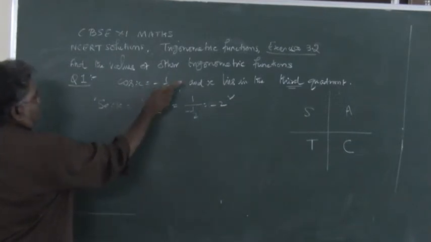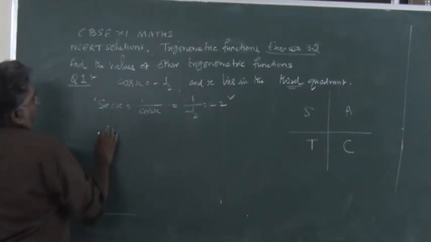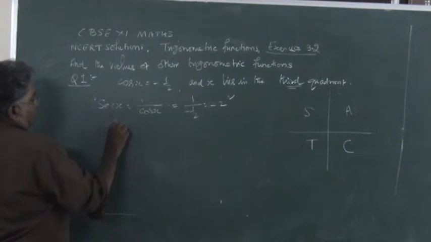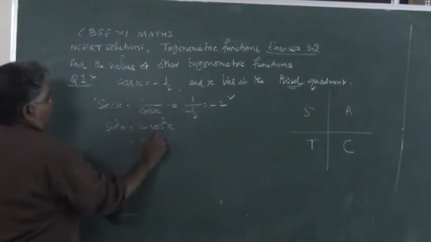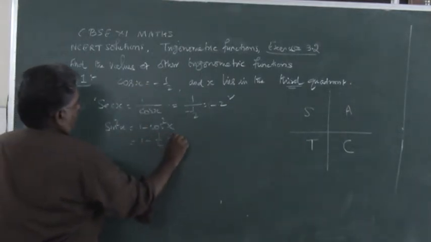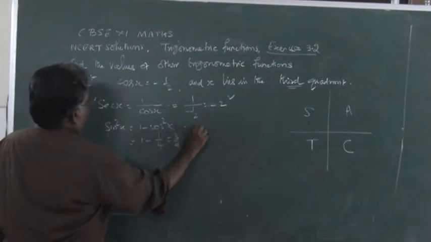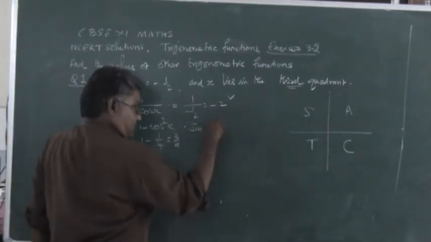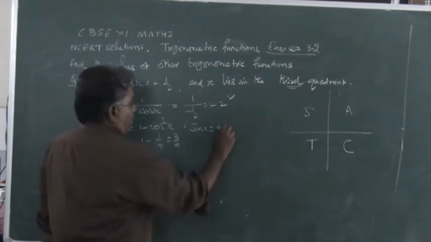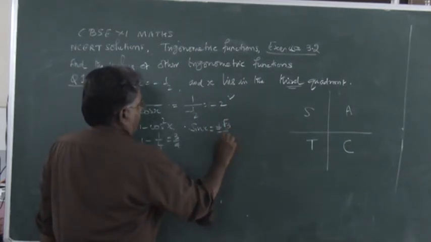You know cos x is minus half, and sine square x is 1 minus cos square x. 1 minus cos square x is 1 by 4. This is 3 by 4. Therefore, sine x can be plus or minus root of 3 by 4 or root 3 by 2.